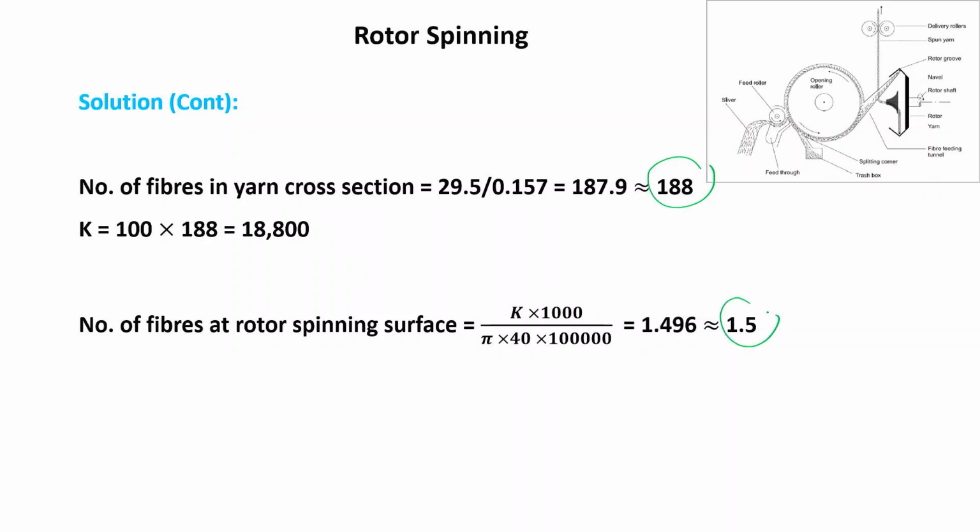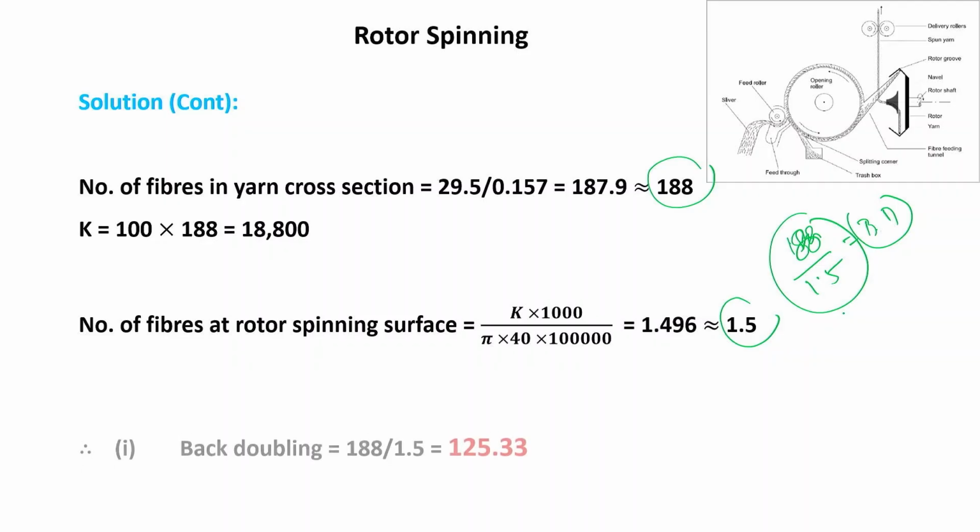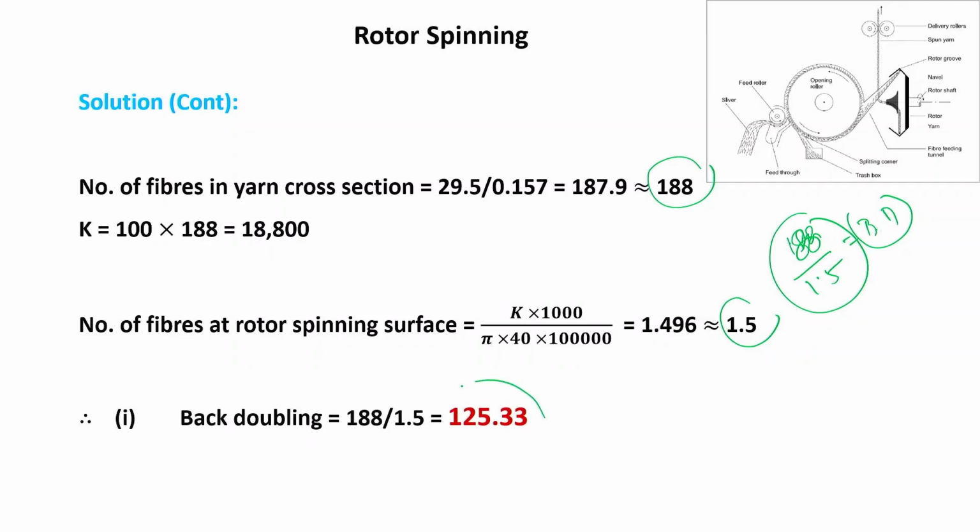So, back doubling also takes place, and we can calculate it from the number of fibers. The number of fibers in the yarn cross section divided by the number of fibers in the rotor groove will be the back doubling: 188 divided by 1.5, so back doubling is 125.33.